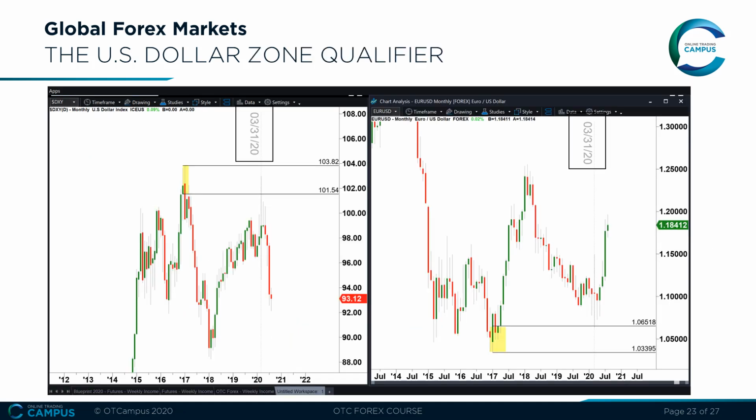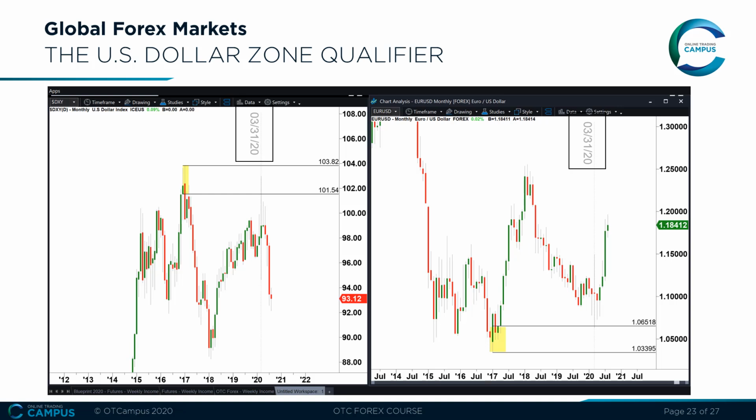Now we said that we want to use the US dollar index as an anchor point to help us in the decision-making process when trading Forex, especially when trading our major pairs, which we know are paired against the US dollar. The most obvious one is the Euro USD, which we already established is the reverse mirror image of the US dollar index due to the high weight within it.